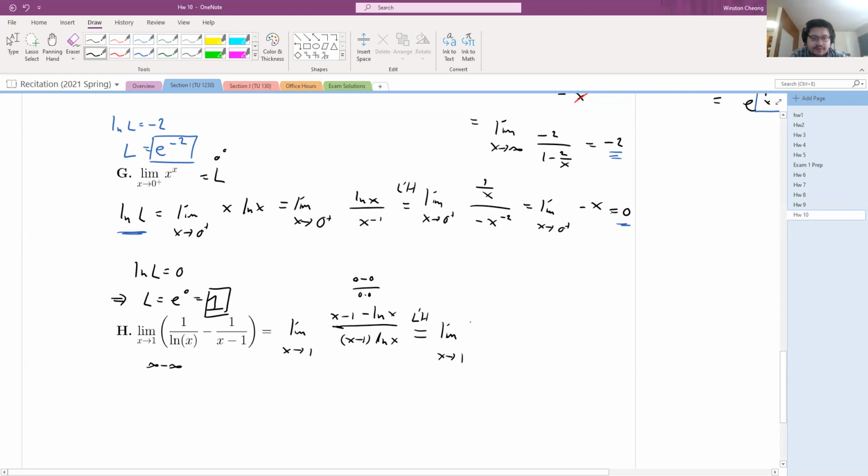Okay, and when we do that, we're going to get a 1 minus 1 over x on top. And then on the bottom, we have a product rule.